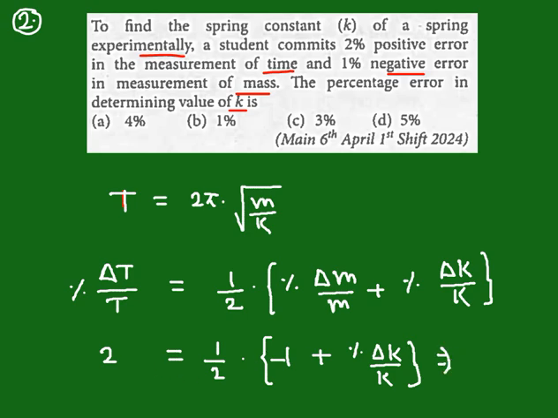So the percentage error in K is equivalent to 5%. So option D is the correct answer.